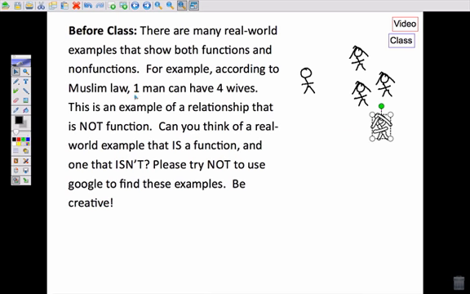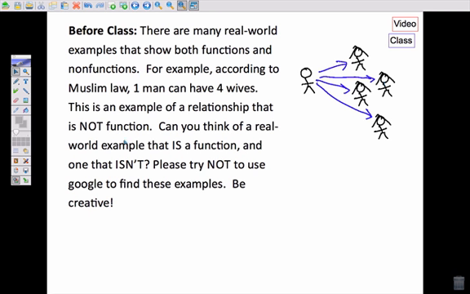He's got these 4 wives. In this case, one element of the domain maps to 4 different elements of the range. There's not just one output for this input, and because of that, this is not a function.